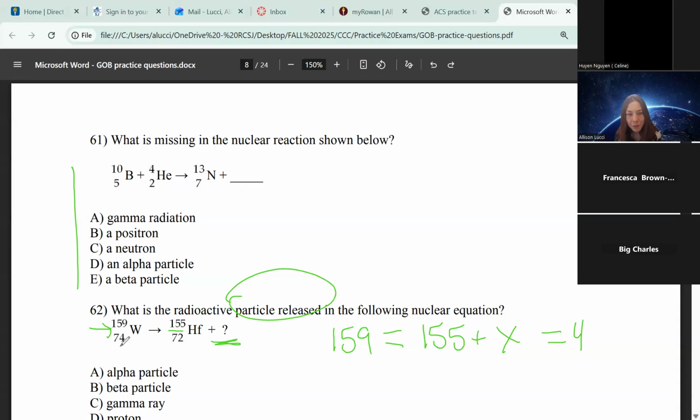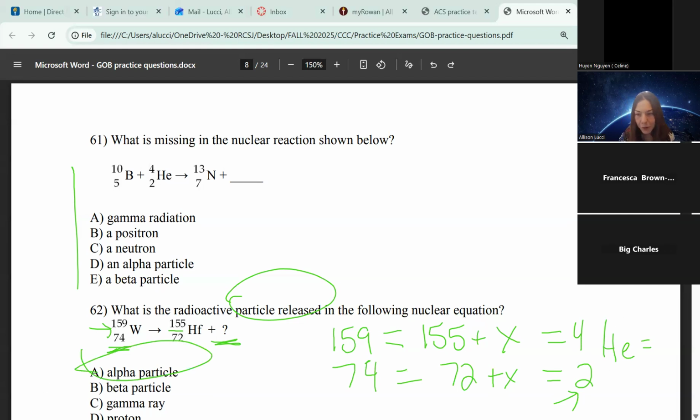Looks like we're going to have an alpha particle. I have 74 on the bottom, and that's going to equal 72 plus X. So down here, my X is 2. Remember, a mass number of 4 and 2 protons gives us helium, which is an alpha particle.